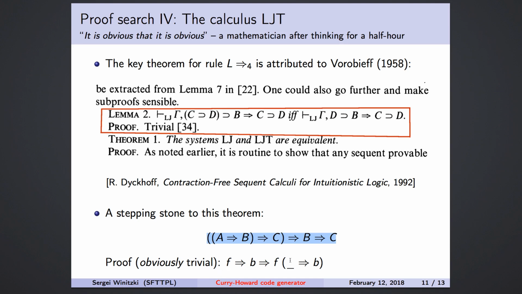So here is a lambda-calculus notation for a function of this type. It takes an f of type A to B to C. It takes a b of type B, applies f to a function from A to B, which is obtained from b by ignoring its argument. So if you look at this function long enough, you will see this is so.